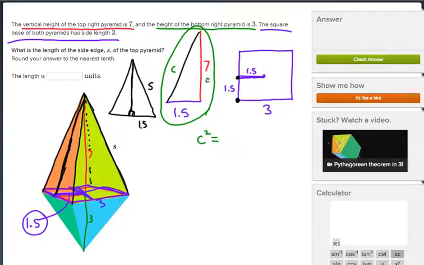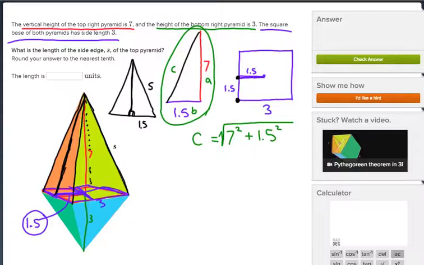I'm going to say that this is a and this is b, so equals 7 squared plus 1.5 squared. And in fact, I'm going to go one step further right from the very beginning, because we've done this already on our basic Pythagorean theorem. So rather than saying c squared, I'm just going to say c, and I'm going to take the square root of the answer, and that is going to get me back to where I want.